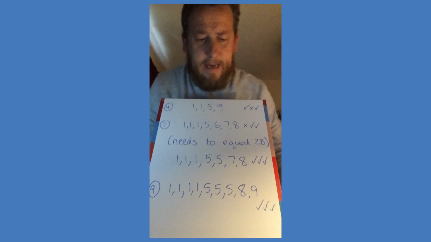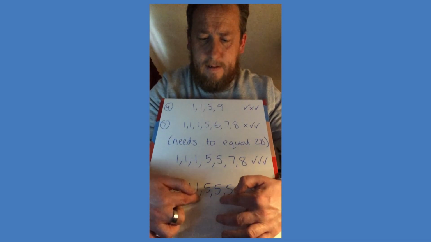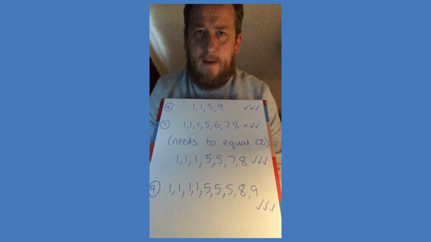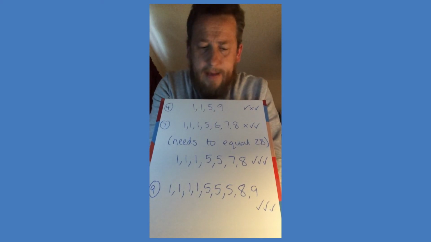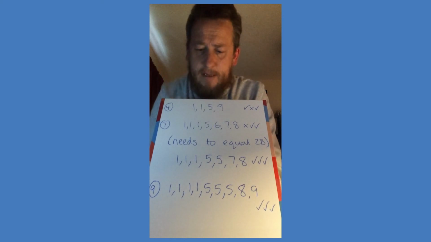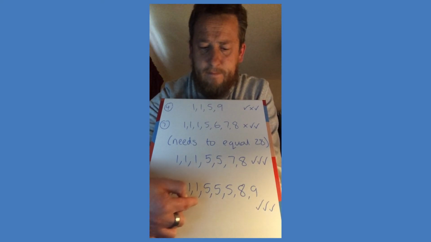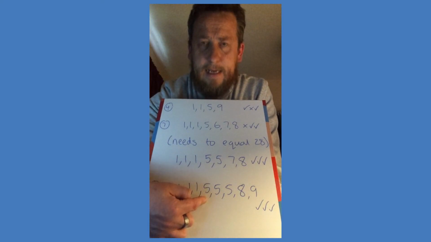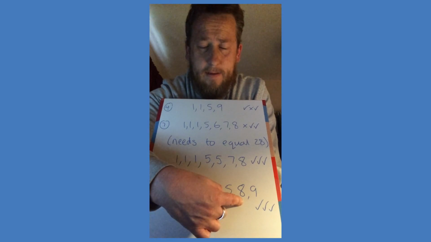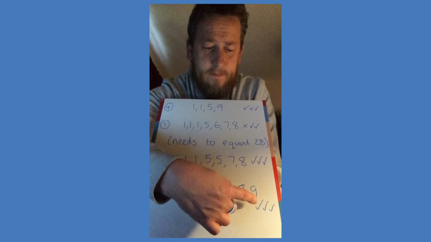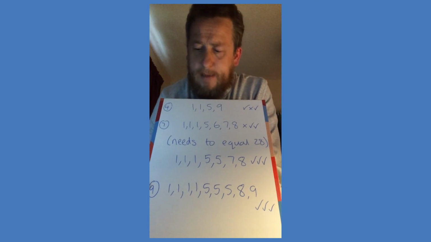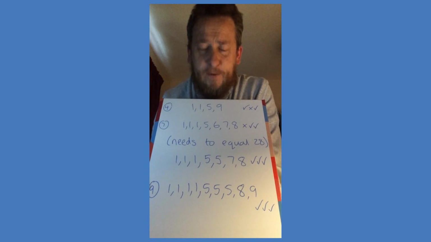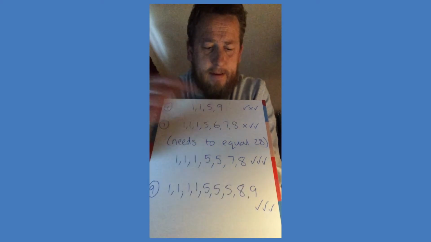The middle number, again, if we count in from the outside, is 5, so the median is 5, so we're 2 out of 3. And then all we have to do is add up the numbers. So we've got 4 here, 15 here, that's 19, add on the 8 is 27, and add on the 9 is 36. 36 divided by 9 is 4. Therefore, we get the third tick.